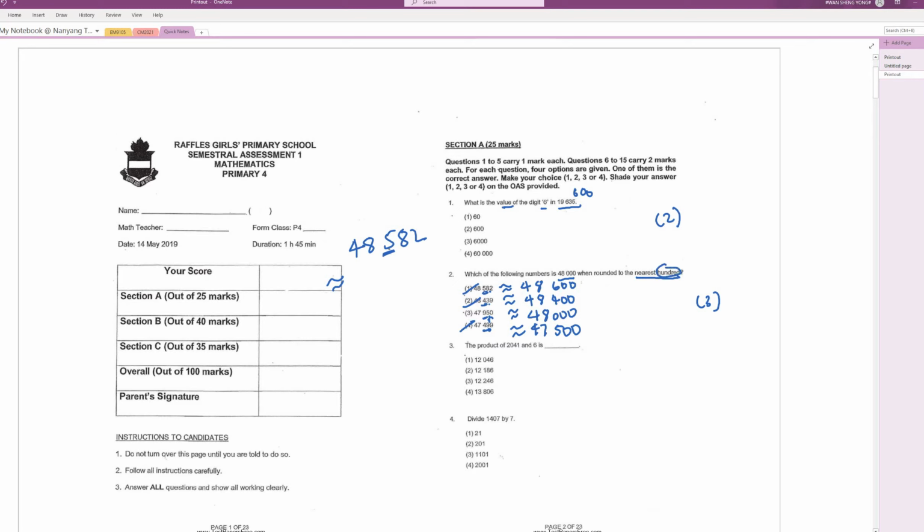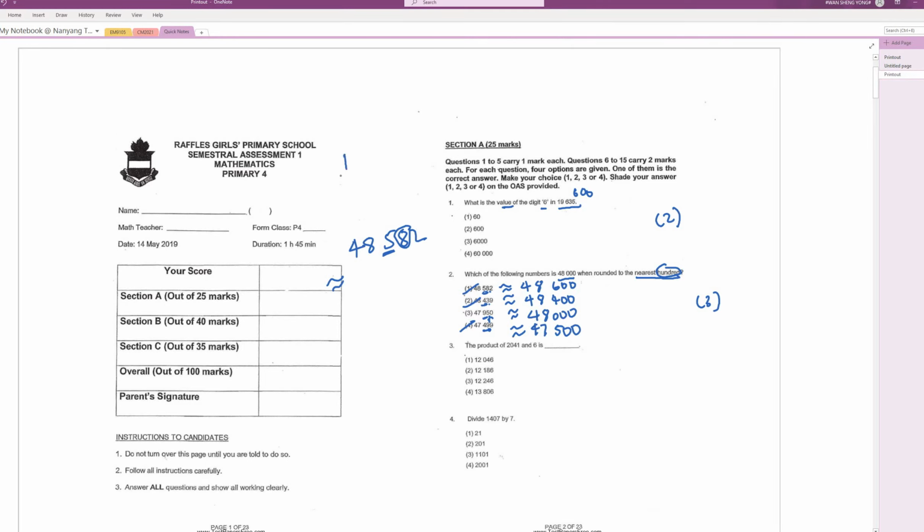So we underline the number on the hundreds place. Then we look at the number right next to it, the number on its right, and we look at the value. If it is more than or equals to 5, we round up.